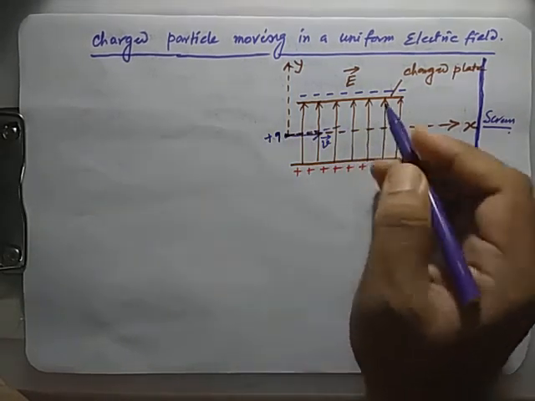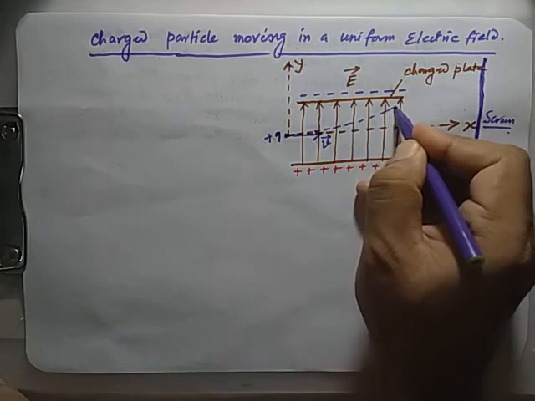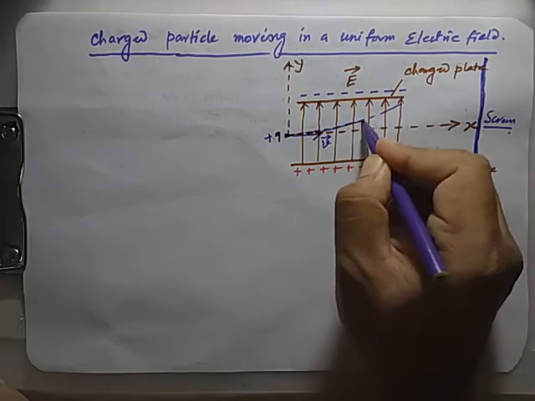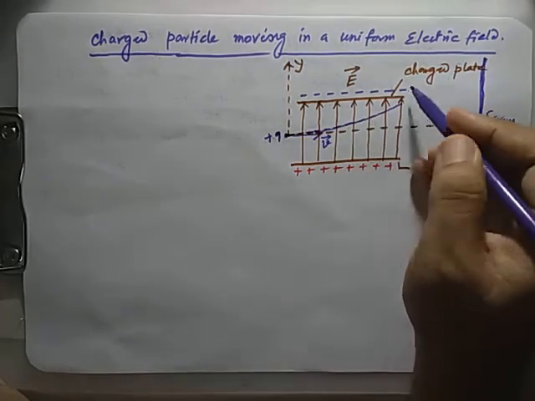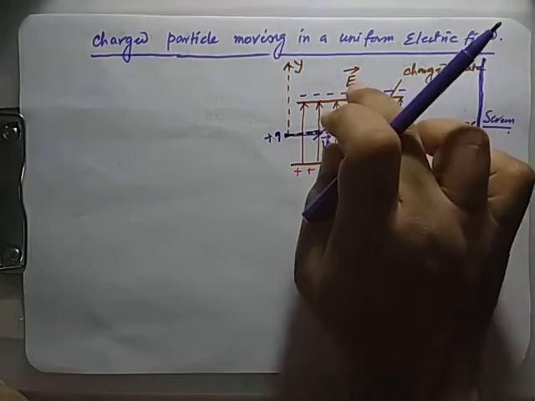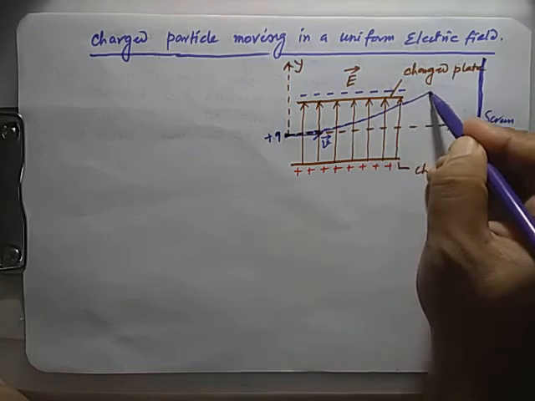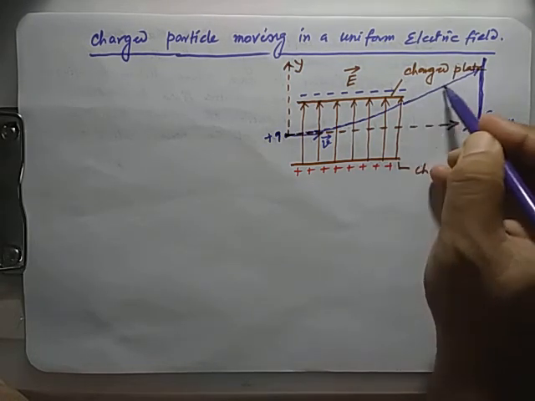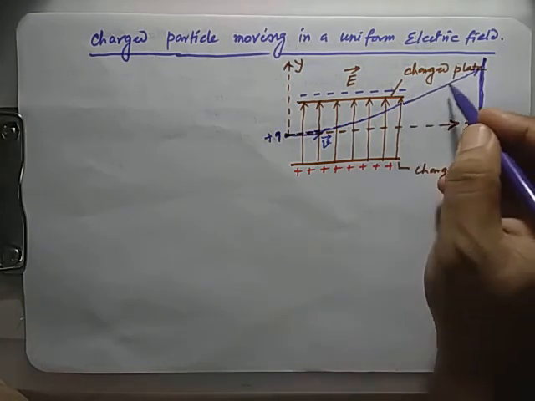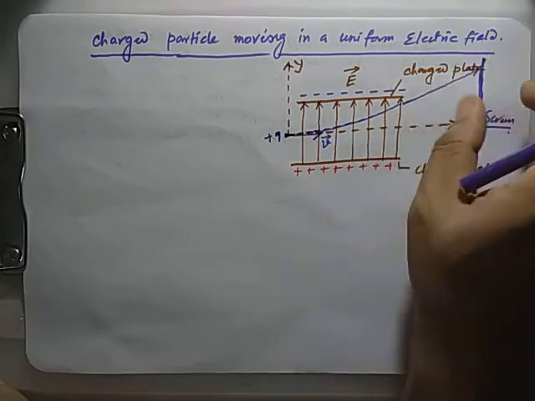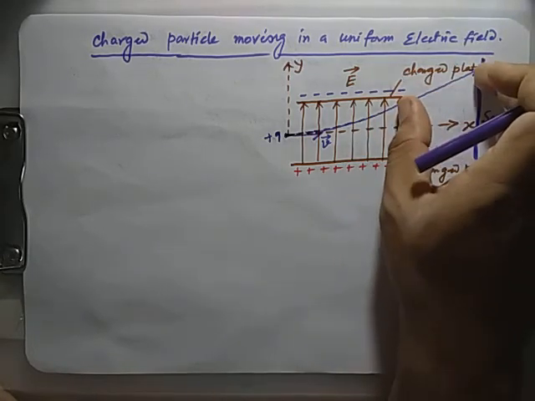Why is it bending? Because the electric force is applying on the charged particle. After bending, it will go in a straight line, because no electric field is applying there.